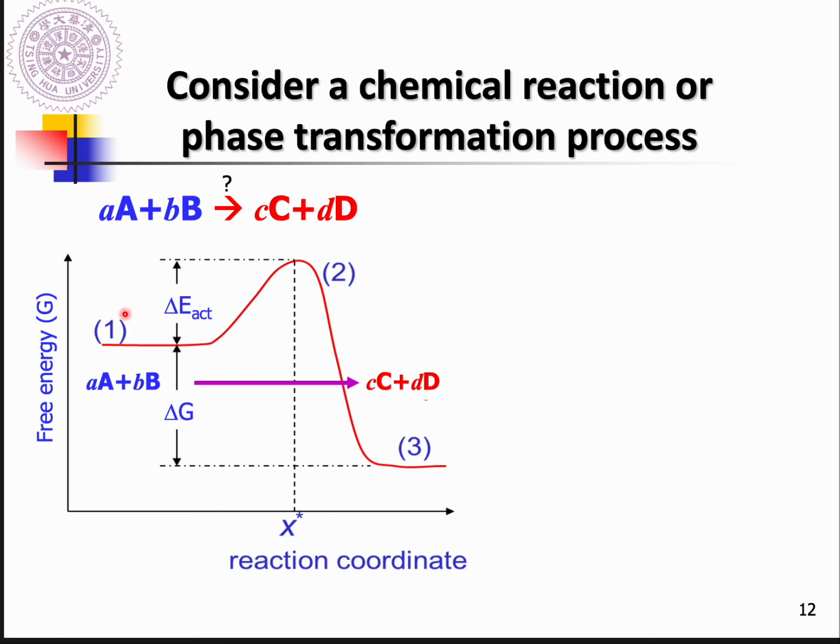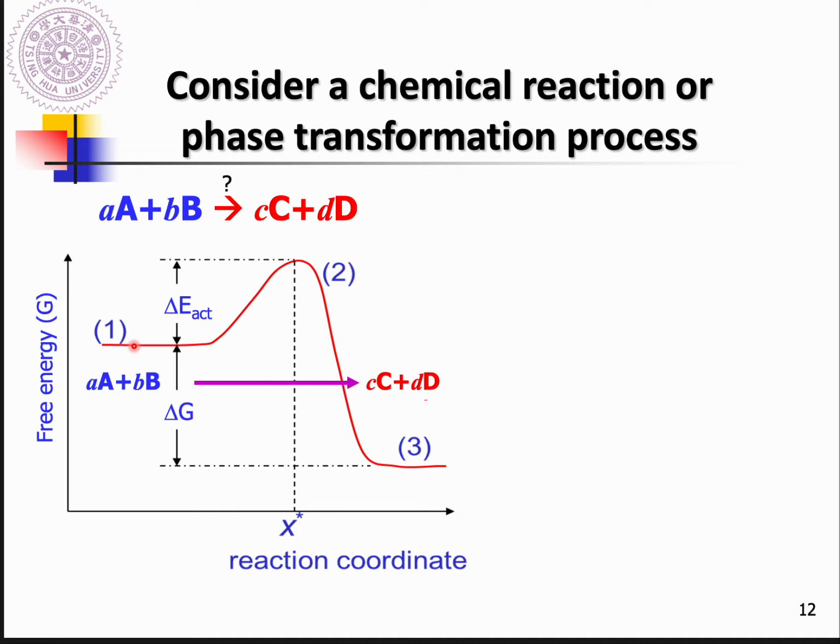You can also calculate the total Gibbs free energy for C and D, and sum them up to get the total free energy at state 3. Based on this, we know the total free energy at state 3, meaning C and D, is smaller than that at state 1, meaning A and B, right?